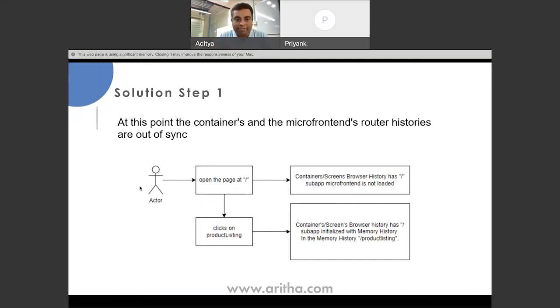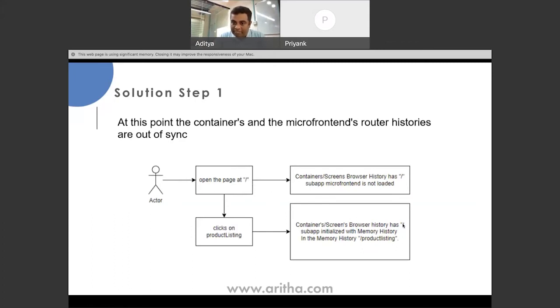So now what happens if the user opens the actual page, the root page, the container's browser history has this, and at this point, the sub app micro frontend is not yet loaded. But when they click on the product listing, who is accessing the browser history? The browser history is being accessed by the main container.